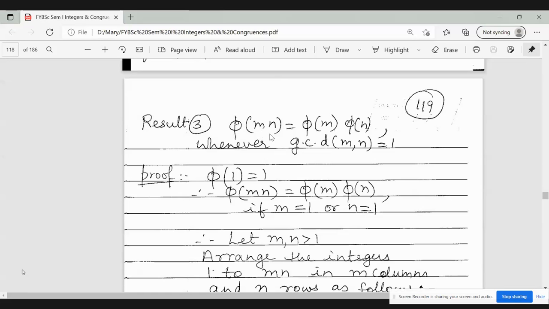Yes, ma'am. So you'll get phi of 29 into phi of 100, because GCD of 29 with 100 is 1. How much will phi of 29 be? Phi of P where P is prime is P minus 1. 28 will come. Phi of 29 will be 28.